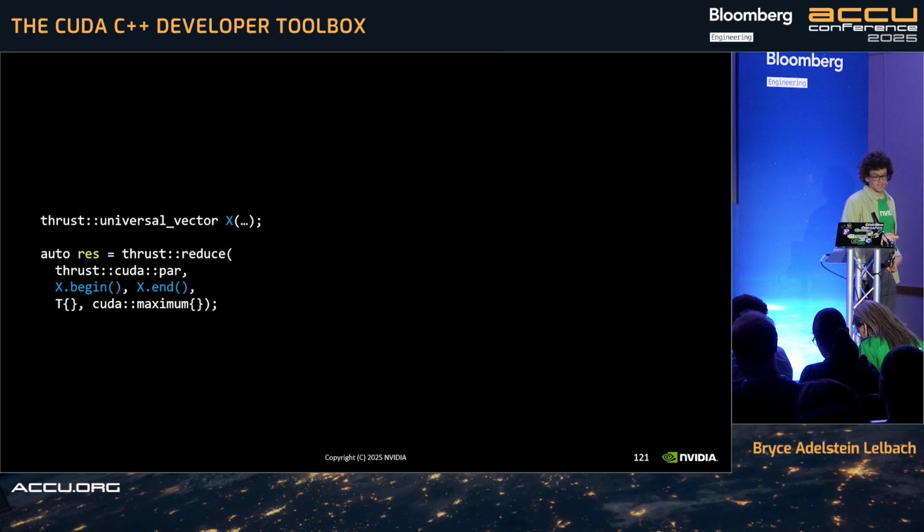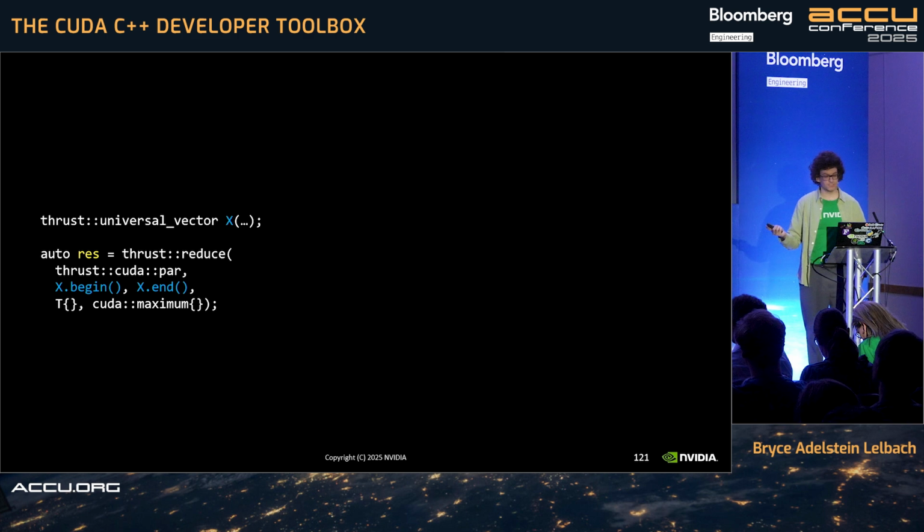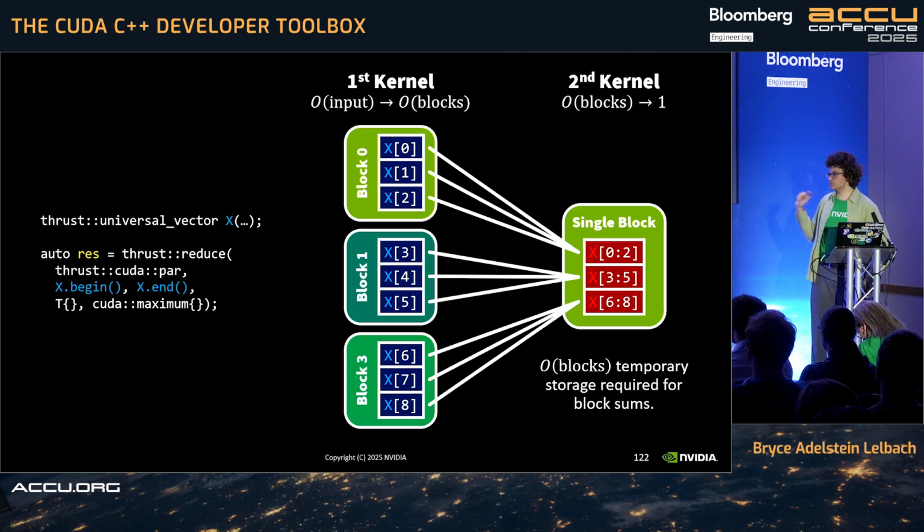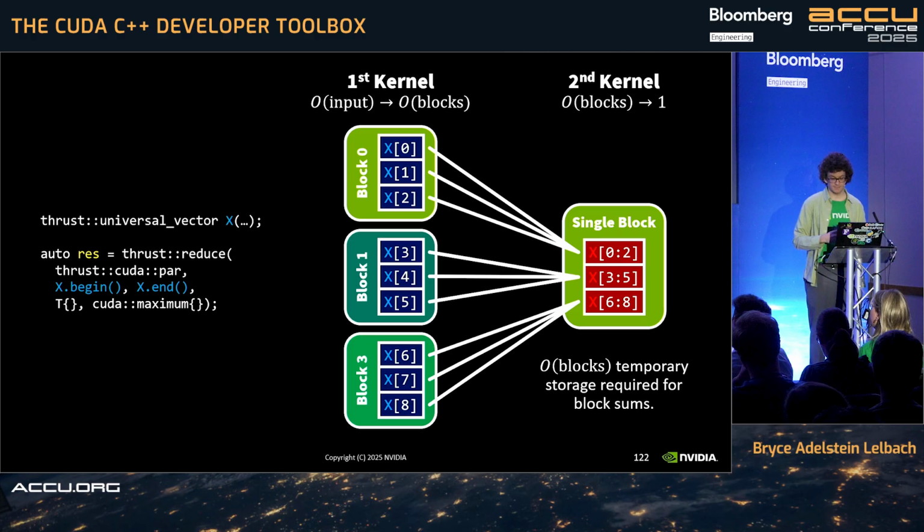So as I said, CUB is a little bit lower level than Thrust. We just discussed how some Thrust algorithms need to allocate temporary storage, for example, reductions. So we implement GPU reductions today with two passes. The first pass divides the input up into chunks, each of which is handled by a block of threads, which will collectively reduce the entire chunk to a single value that is stored in a temporary array.